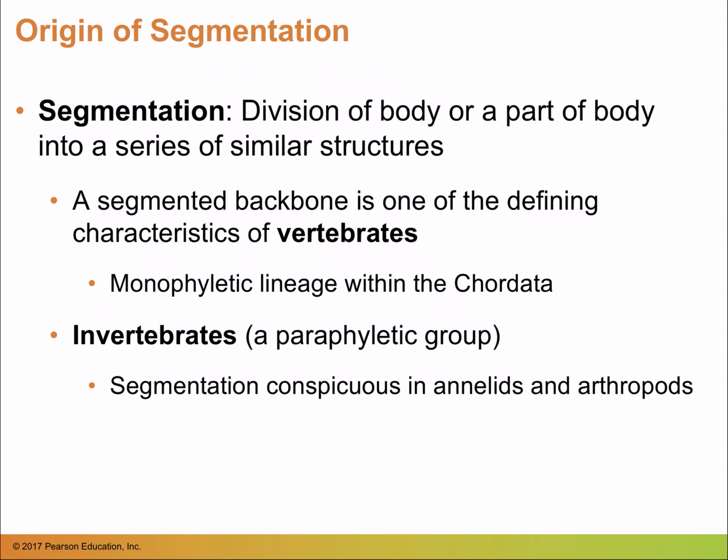In the phylum Chordata, that's where you find all the animals that you generally think of as being animals. The ones that you usually don't think about as being animals are your invertebrates. They're a paraphyletic group, and their segmentation is conspicuous in the annelids, the segmented worms, and also in arthropods. In insects, you see that segmentation very obviously.